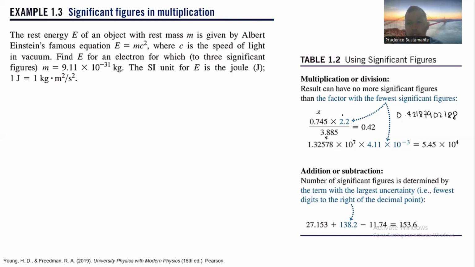Again, you need to review how to determine the number of significant figures. So instead of writing these numbers with so many digits, we choose only two significant figures, 0.42. That's the final answer.